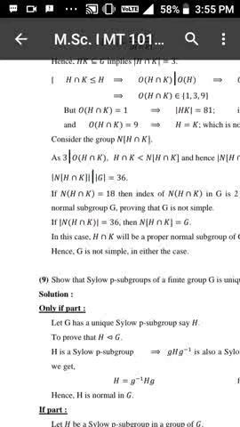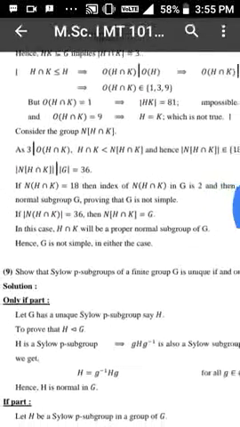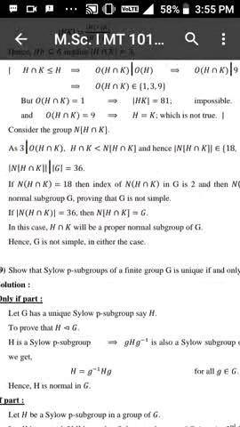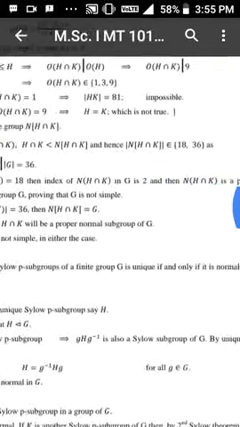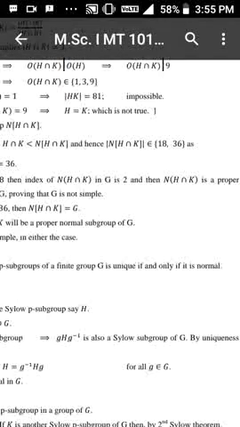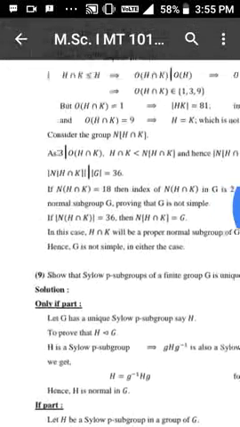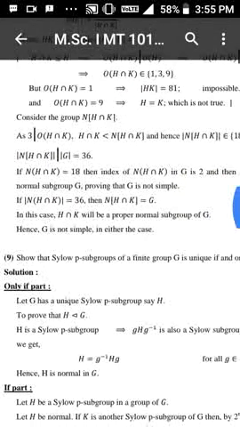If the order of N of H intersection K is equal to 18, then the index of N of H intersection K in G is 2. Then N of H intersection K is a proper normal subgroup of G, proving that G is not simple.